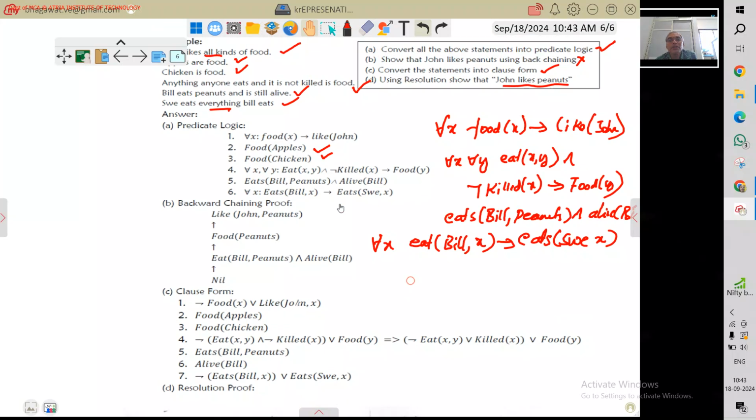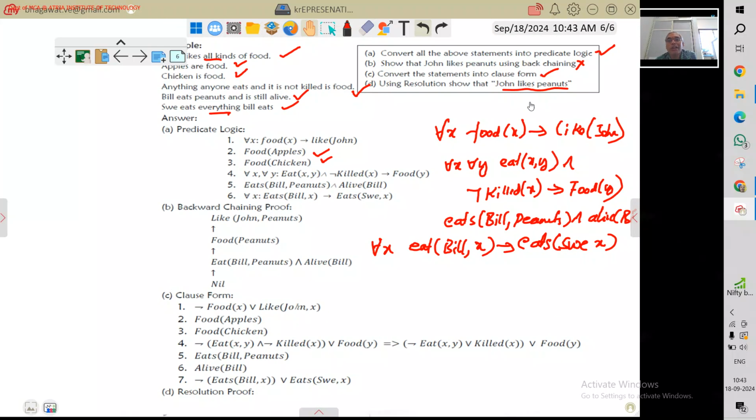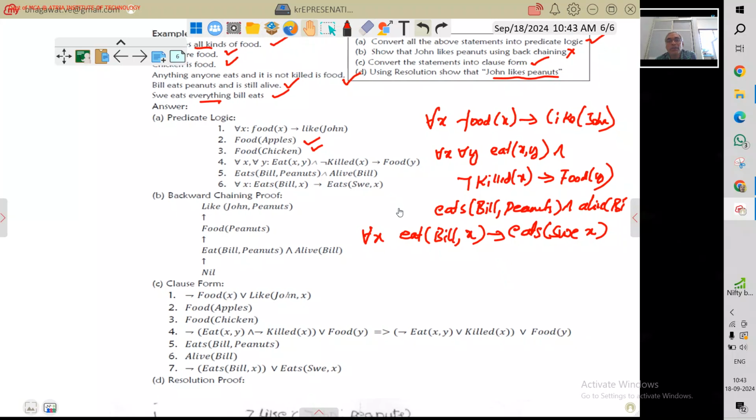Now the next step is that you have to convert the statements into clause form. You take the first one. Now you are going to remove the implication. You know that if you have A implies B, you use the formula negation A or B. So we will use that particular formula.